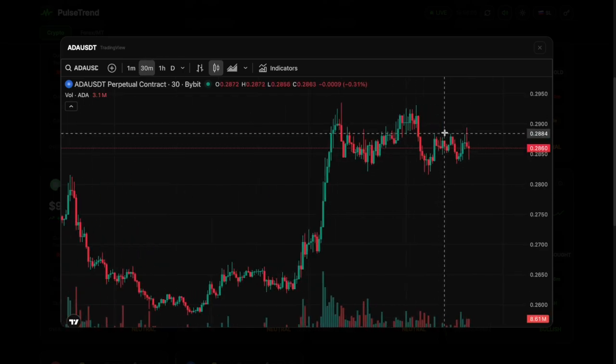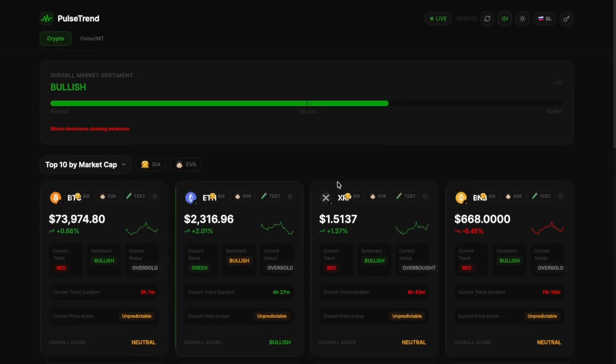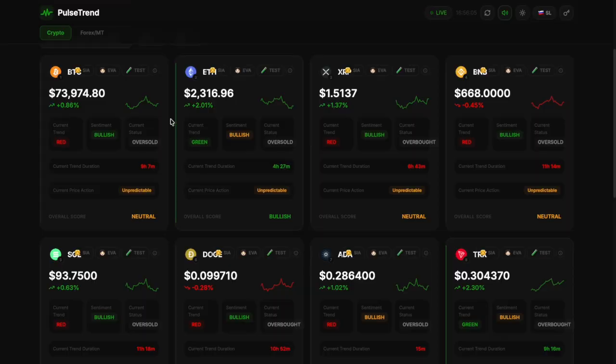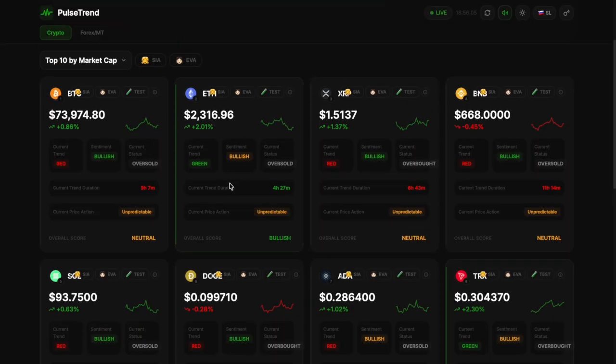Let's look at the 30. Yeah, we're getting rejected. So maybe we're gonna see a little bit more downside, but a lot of contradictions right now since the price action has been very volatile and we had a lot of breakouts. So it's hard to say, but overall, in my opinion, it's easier to just look at this and do some basic TA on your own.